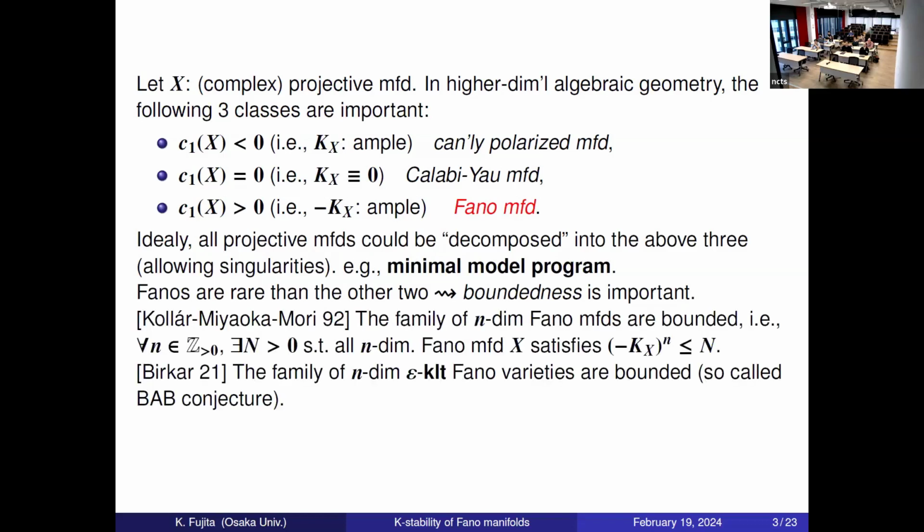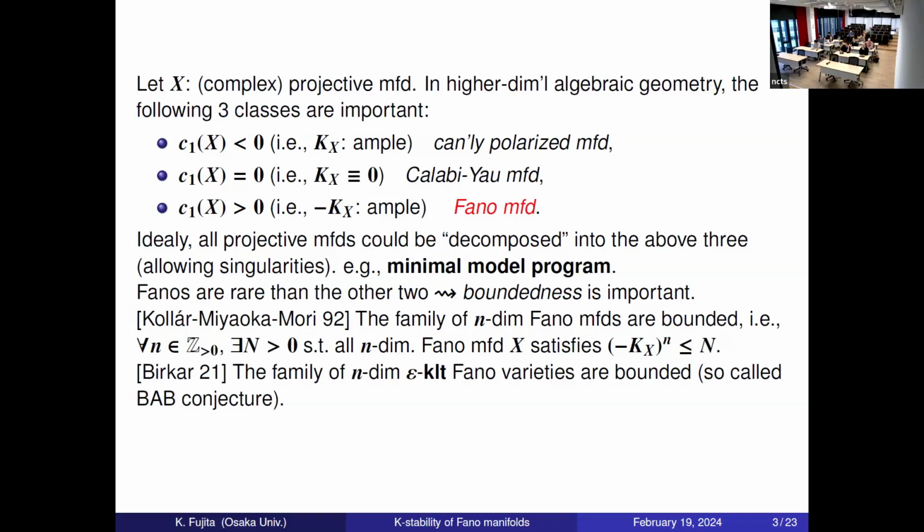For example, smooth Fano manifolds are bounded by Matsusaka's big theorem. It can be restated that for any dimension n, there exists a large N depending only on n, such that every n-dimensional smooth Fano manifold satisfies that its anti-canonical degree is less than or equal to N. Actually, Kollár and Miyaoka-Mori showed the boundedness by proving boundedness of the anti-canonical volume.